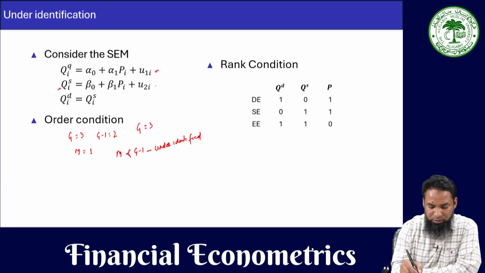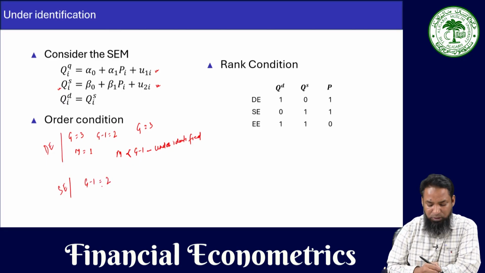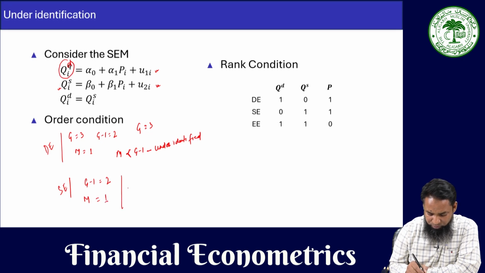Now if you look at the supply equation, again g minus 1 is equal to 2, because the number of endogenous variables is 3. What is m? In the quantity supplied equation, the only variable missing is the quantity demanded. So again m is equal to 1, m is less than g minus 1, so again it is under identified.